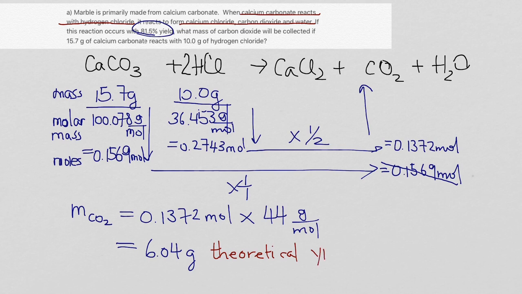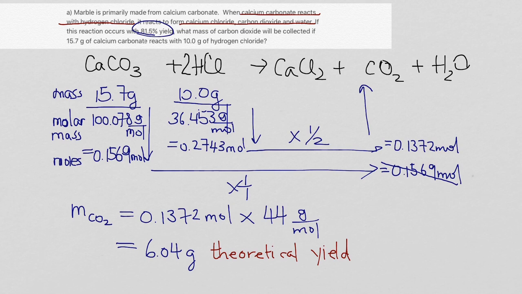This is our theoretical yield, because, one, we calculated this using the amount of reactants, and two, this number definitely didn't come from doing a lab or doing this reaction in an experiment. And remember I said that this is the maximum amount of product that could be formed using our limiting reagent. So this is our theoretical yield.